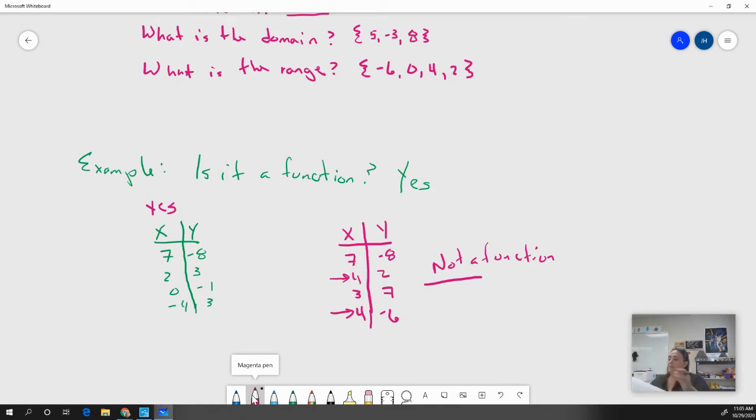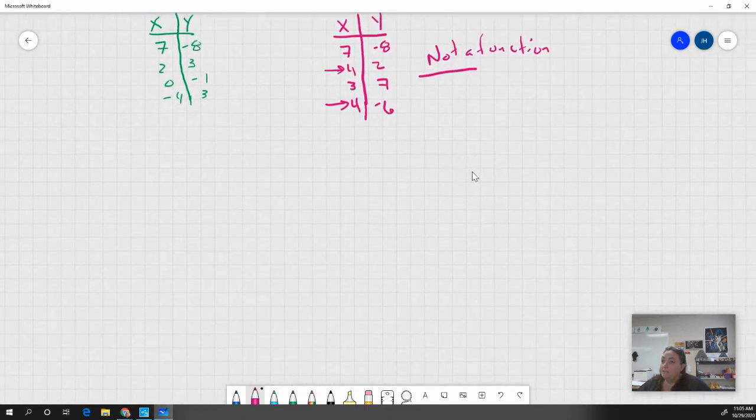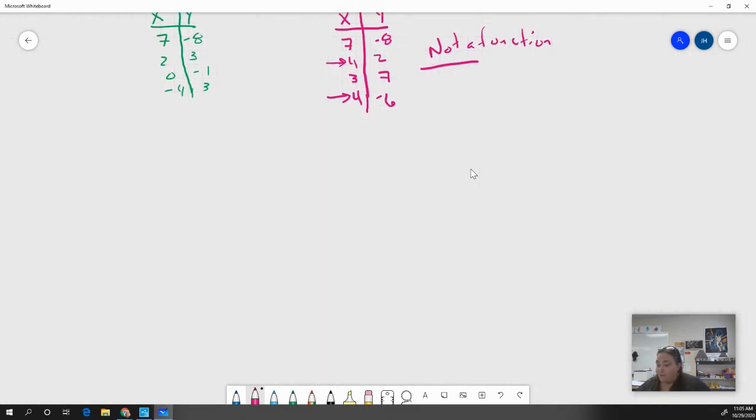So another way to determine between a function and a relation, like they're all relations, right, is we said mapping. If you go back, you can see one of the items we had was mapping. So let's look at what that looks like.